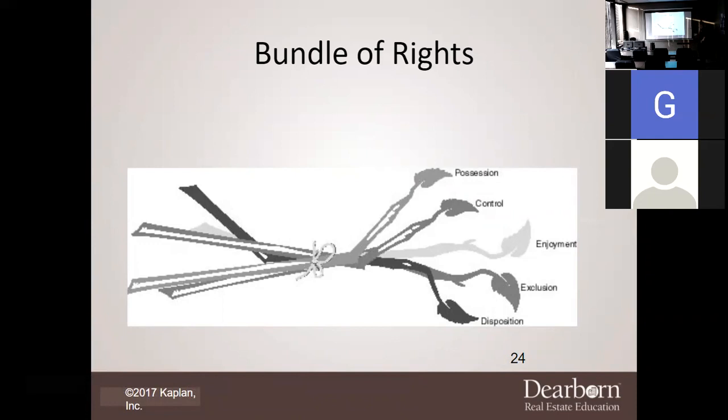In the bundle of rights, you have possession, control, enjoyment, exclusion, and disposition. Like you were saying earlier when I was talking about handing out the twigs, I can say, Mr. Eugene, you want to rent my property? Here's the possession twig.